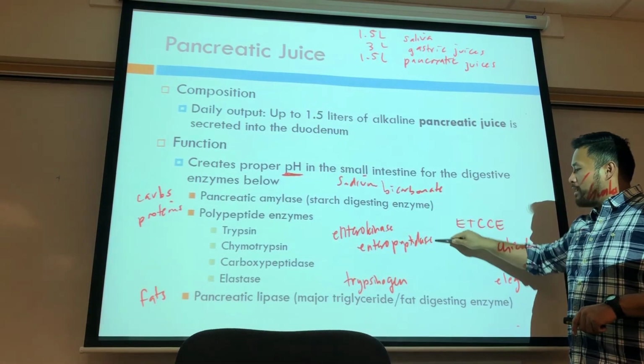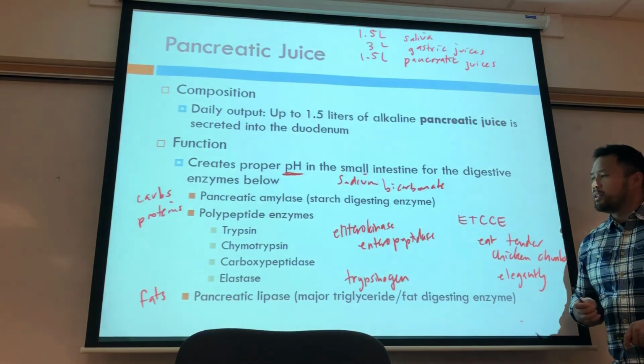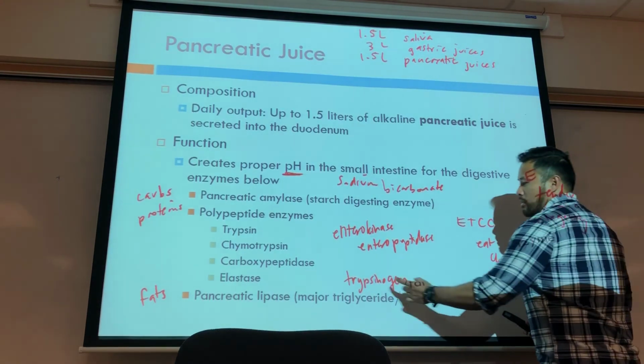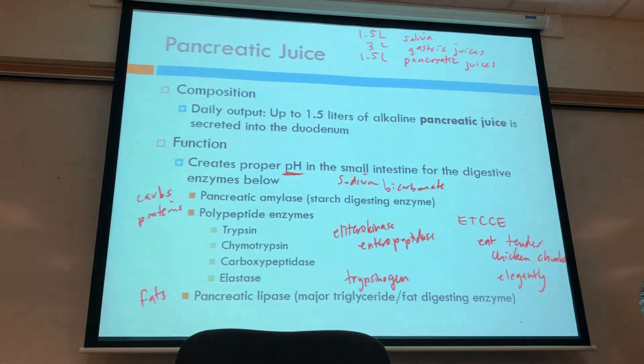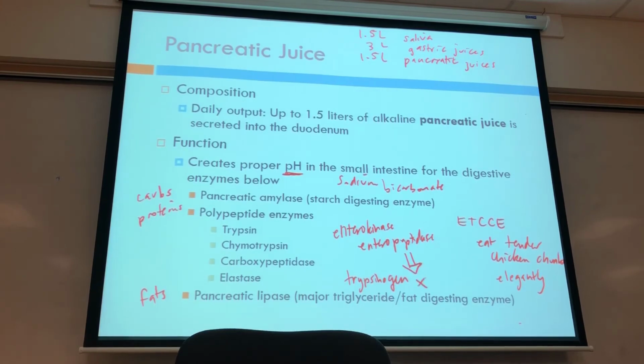Enterokinase comes in and finds trypsinogen and cleaves off a bunch of amino acids, leaving you with a very small enzyme called trypsin. And trypsin is now activated to help cleave your proteins. That's really it with the pancreas.